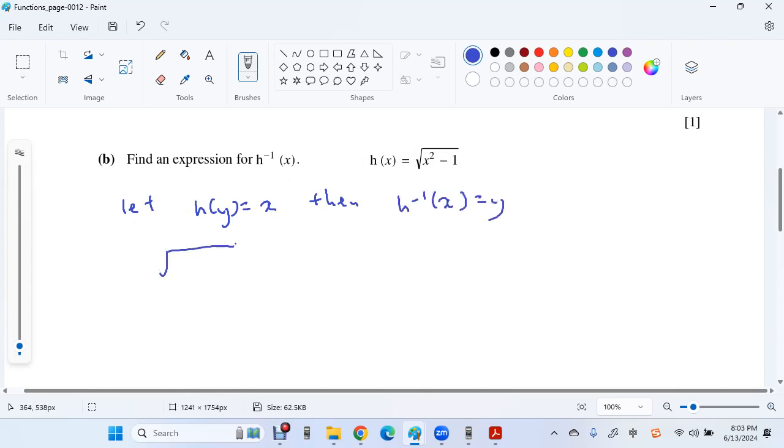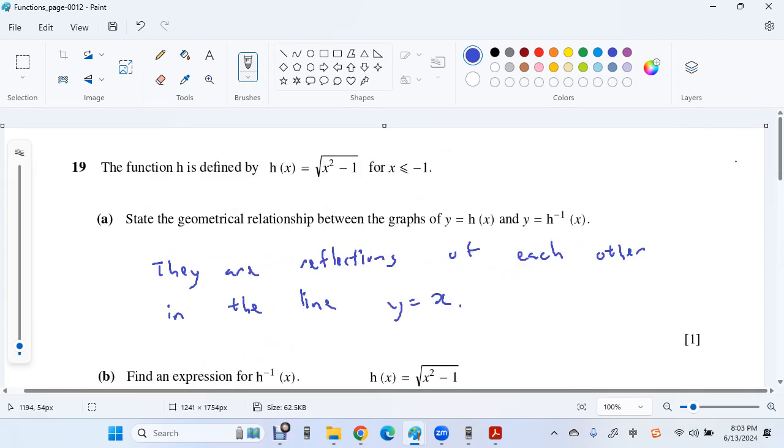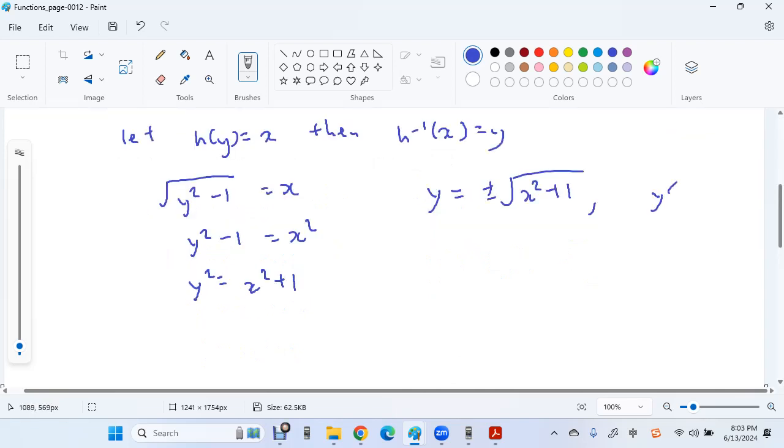So we have the square root of y squared minus 1 equals x, y squared minus 1 equals x squared, y squared equals x squared plus 1. So y is plus minus the square root of x squared plus 1, but over here we take the less than part, so y will be less than 0. So y will be the negative of the square root of x squared plus 1. So h inverse of x will be the negative of the square root of x squared plus 1.